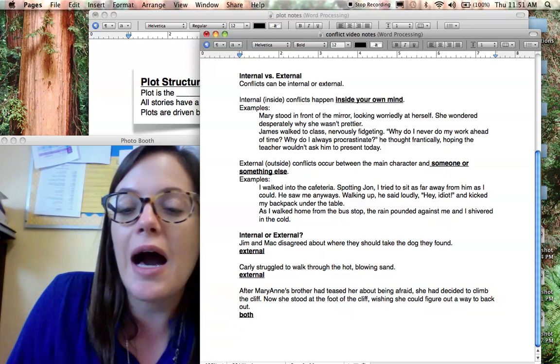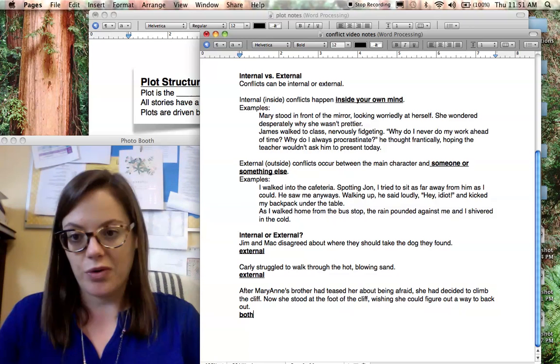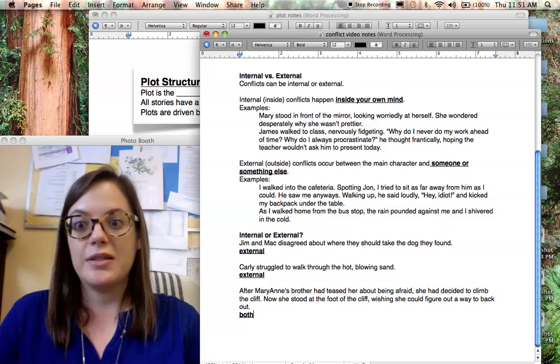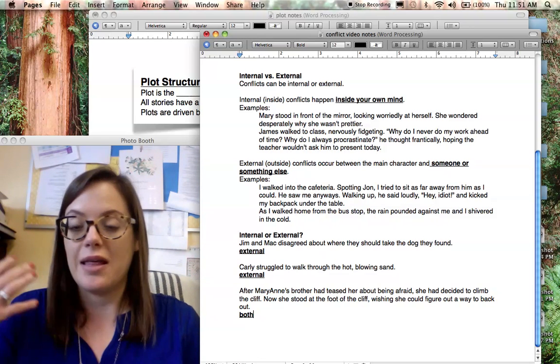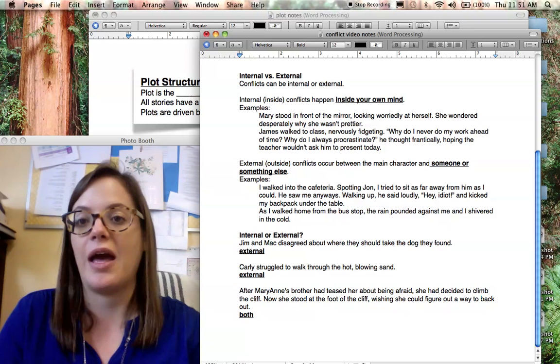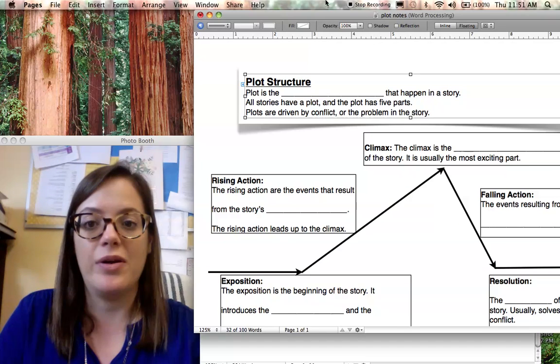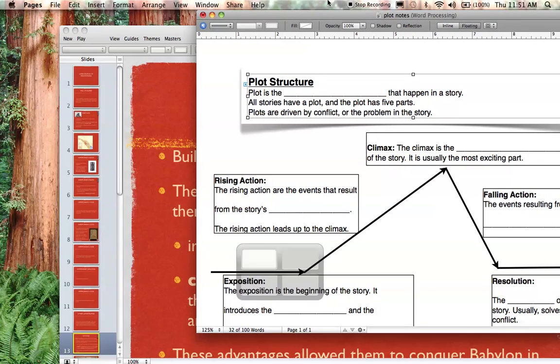All right, now conflicts are very important because without conflict, we wouldn't have a story. Okay, conflict makes stories interesting. That's what we're focused on in a story. We're focused on the problem. We're focused on how we're going to solve that. So when we look at a story, we're talking about the plot of that story.